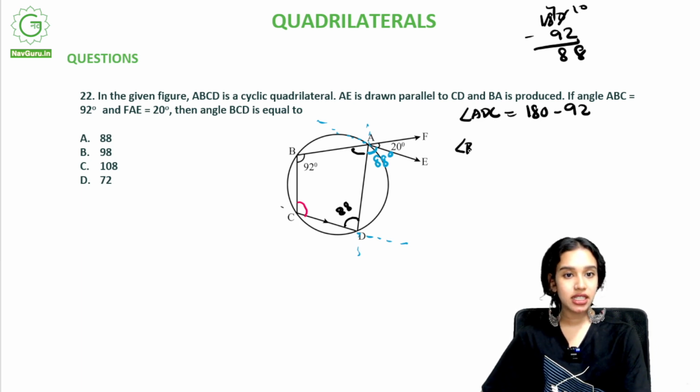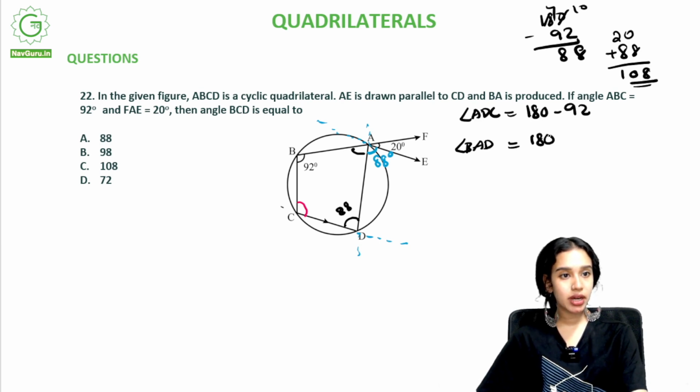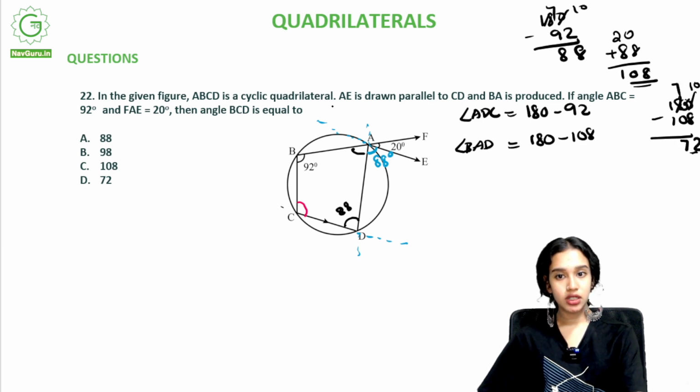Angle BAD should be equal to 180 minus 20 plus 88, right? 20 plus 88 is 108. So 180 minus 108 gives us 72. This angle is 72, right?